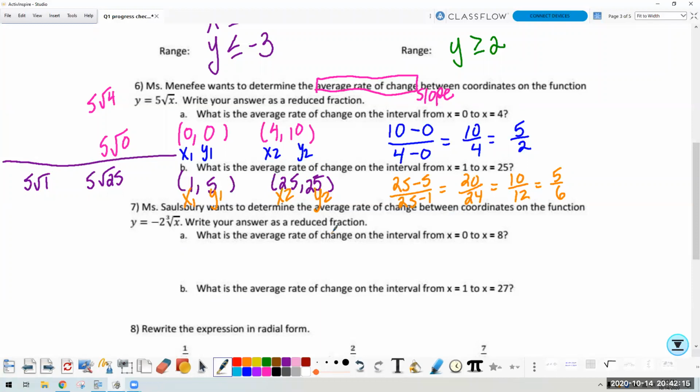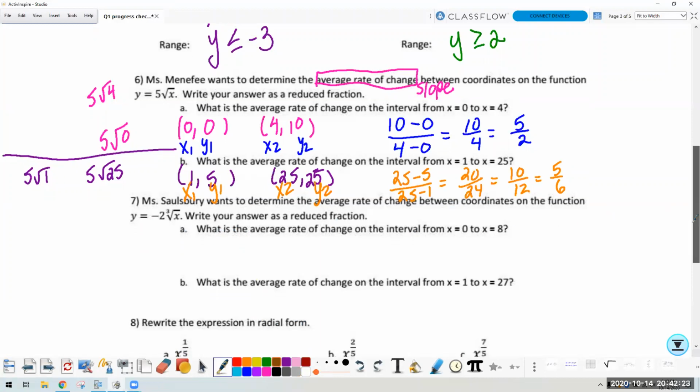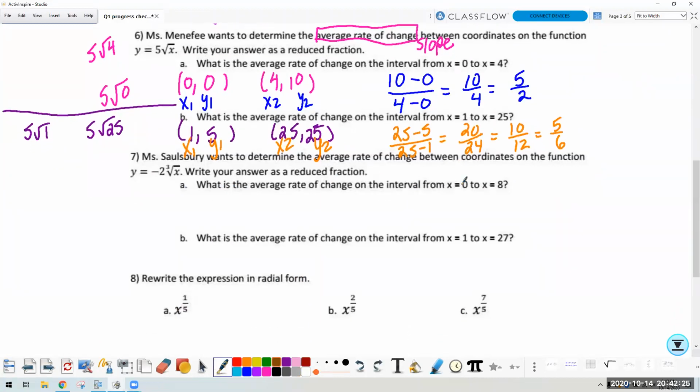All right, now Ms. Salisbury wants to determine the average rate of change. Ooh, and she has a different function, negative 2 cube root of x. So I'm going to find my coordinates 0 and 8. So 0 comma something, 8 comma something. I need these y values. So negative 2 cube root of 0. Well, negative 2 times 0 is 0.